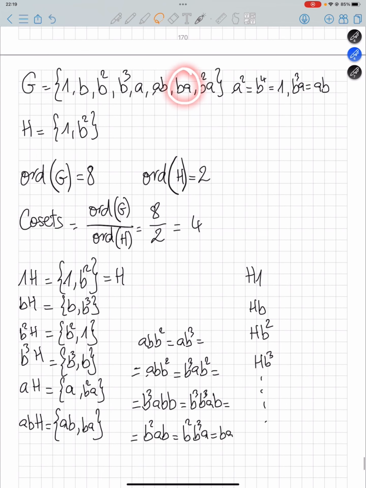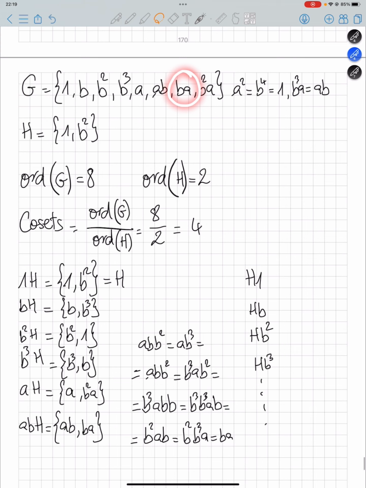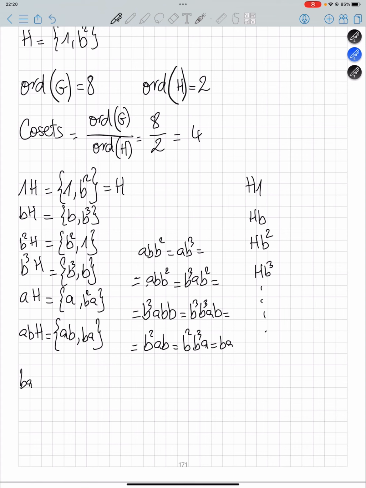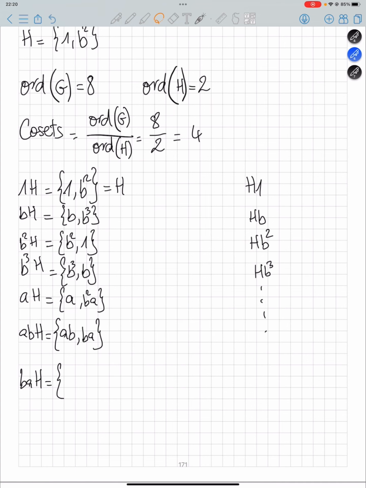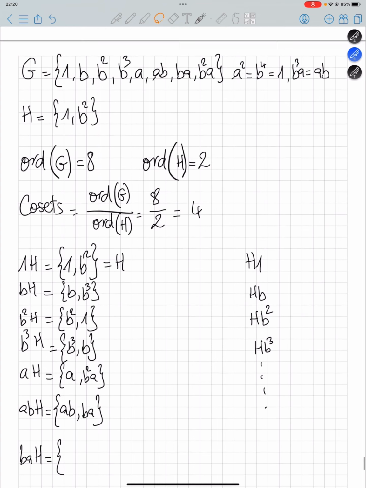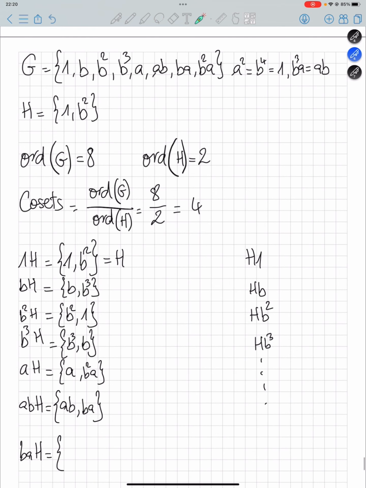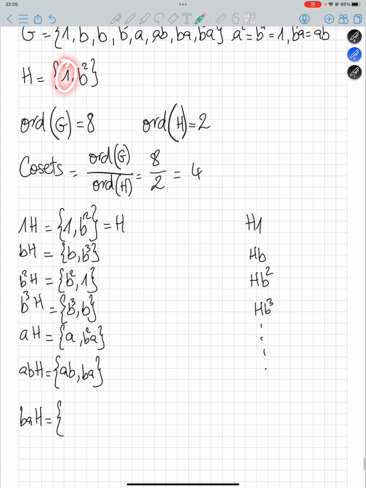Now what we have to do is this one here, BA composed with H, right? So BA composed with H. BA composed with identity is BA.